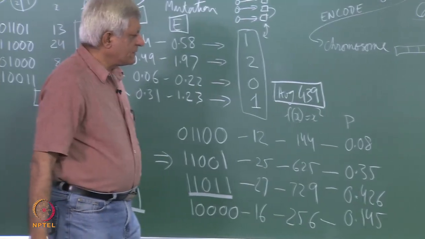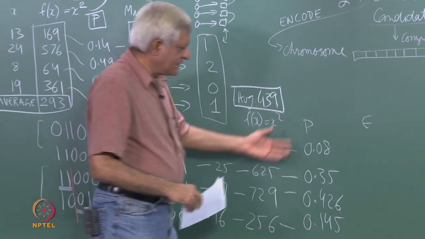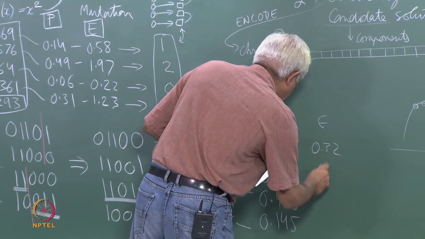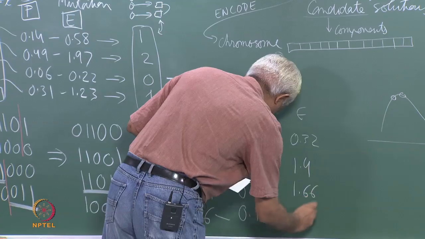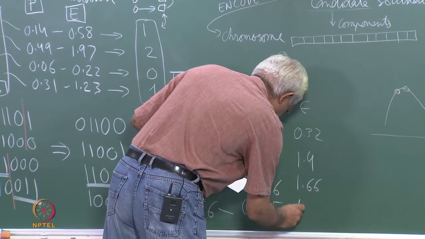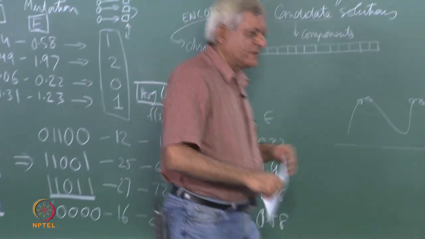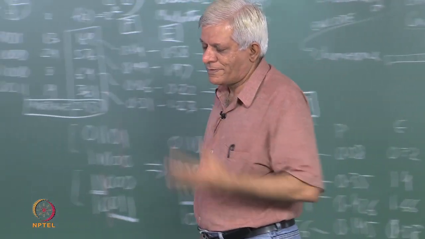So, these are the 4 probability values, and corresponding to them the expected values, which is basically 4 times this number, are 0.32, 1.4, and so on. So, these are the values. Now I want you to inspect this new population.